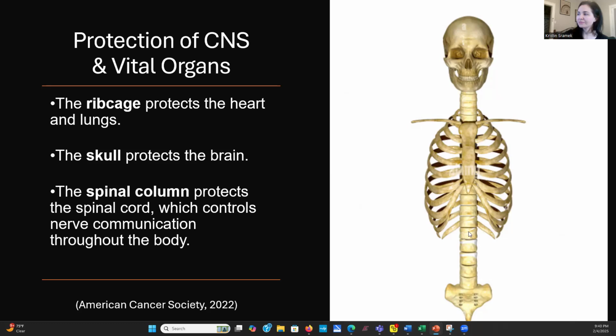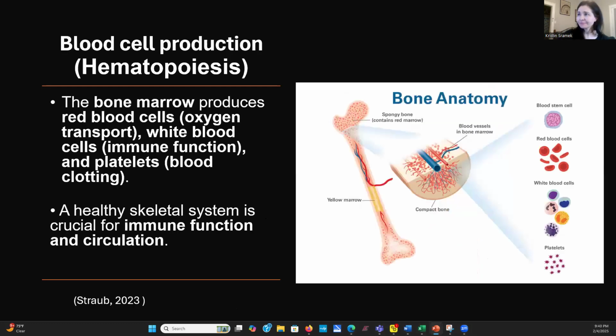I think the kidneys are lower down, as is the rest of your GI tract, right? Your stomach, I believe, is closer, up here at the top. But the rest of your GI tract, of course, extends further down. We'll revisit that. I'm pretty sure that's the case. All right, so it does interact with those other systems in terms of protection.